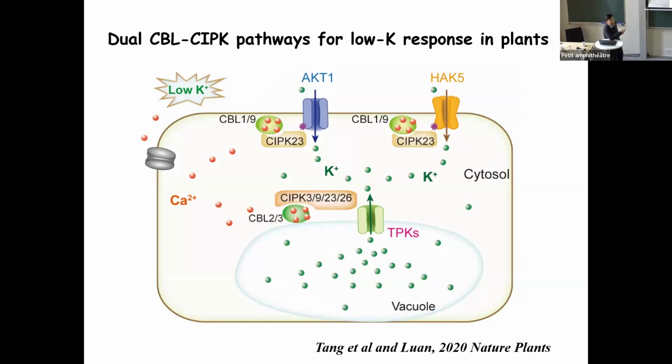We still don't know which channel is involved in this one. Hopefully we'll find it soon. And then the calcium would be sensed by CBL19, recruiting CIPK23 to the plasma membrane where they activate the uptake transporter, okay, to get more potassium in.